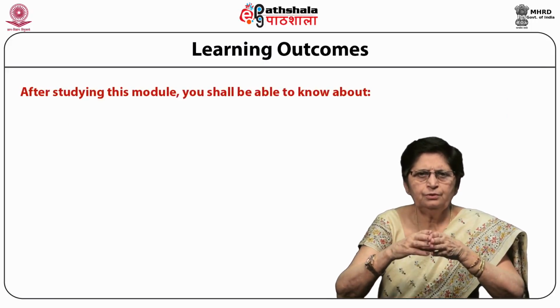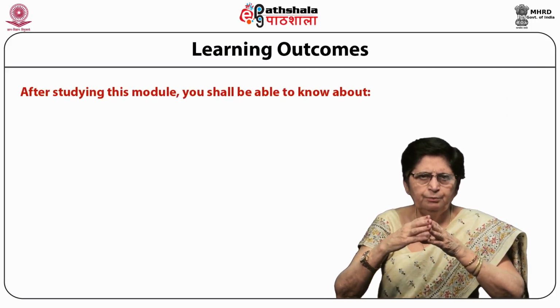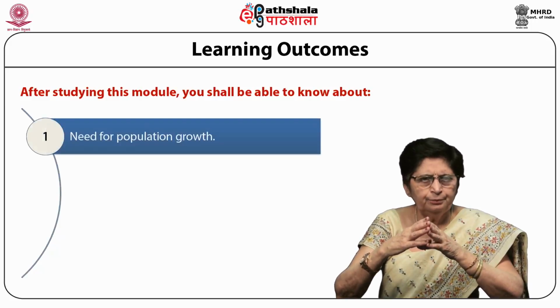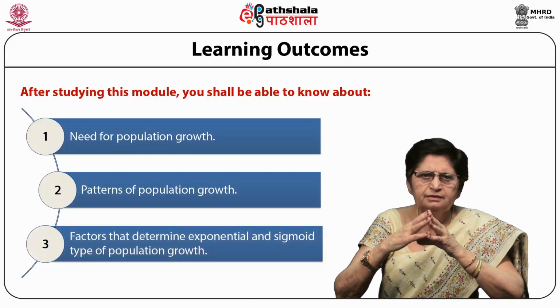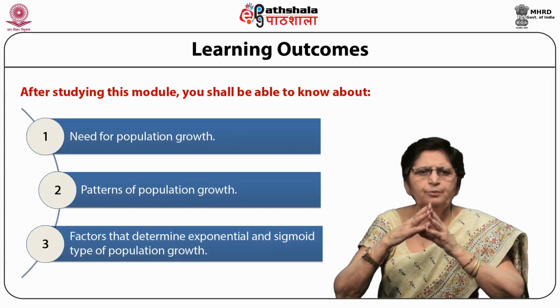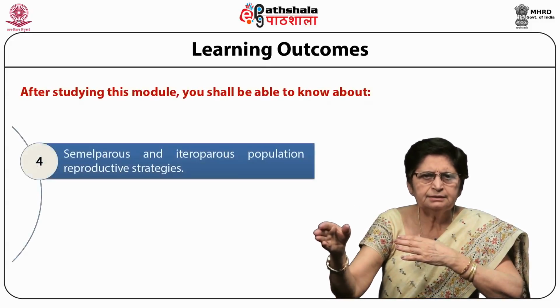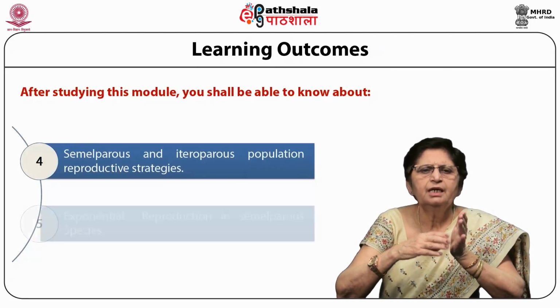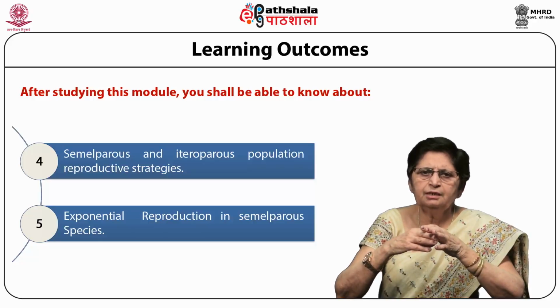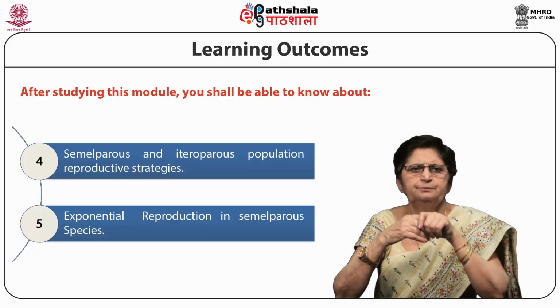After studying this module, you shall be able to know about the need for the study of population growth, patterns of population growth, factors that determine exponential and sigmoid type of population growth, simulpares and heteropares reproductive strategies, and exponential reproduction in simulpares populations. The study of population growth is the core of applied ecology.